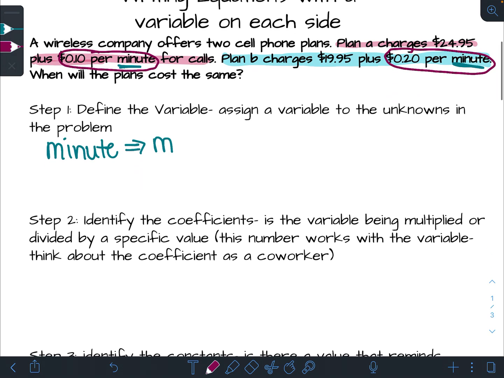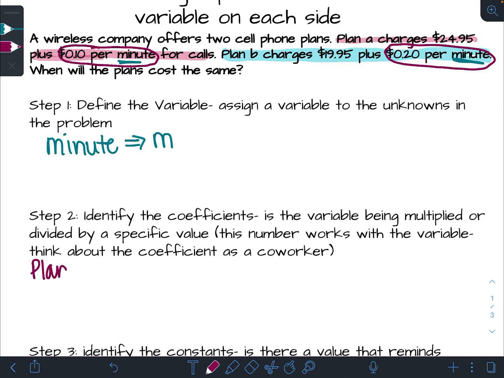So for plan A, my coefficient would be that 10 cents per minute. For plan B, it would be that 20 cents per minute. And so per means to multiply. So if I'm doing 10 cents per minute, that is the same way.